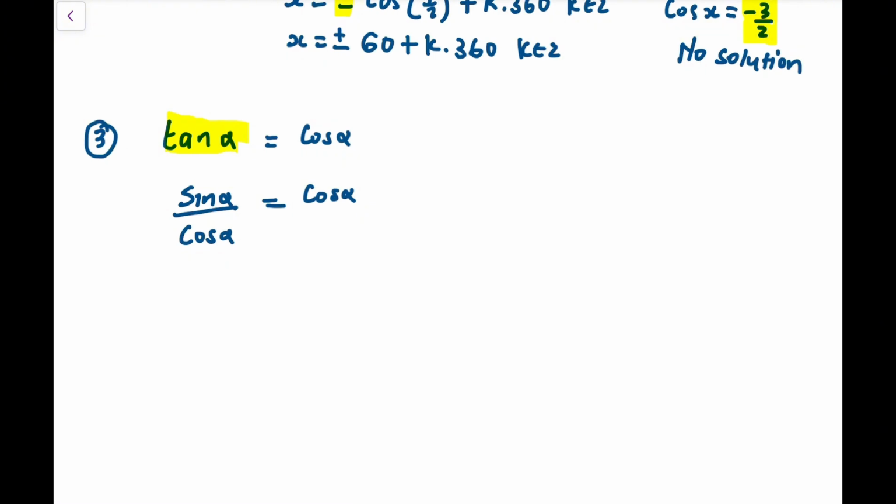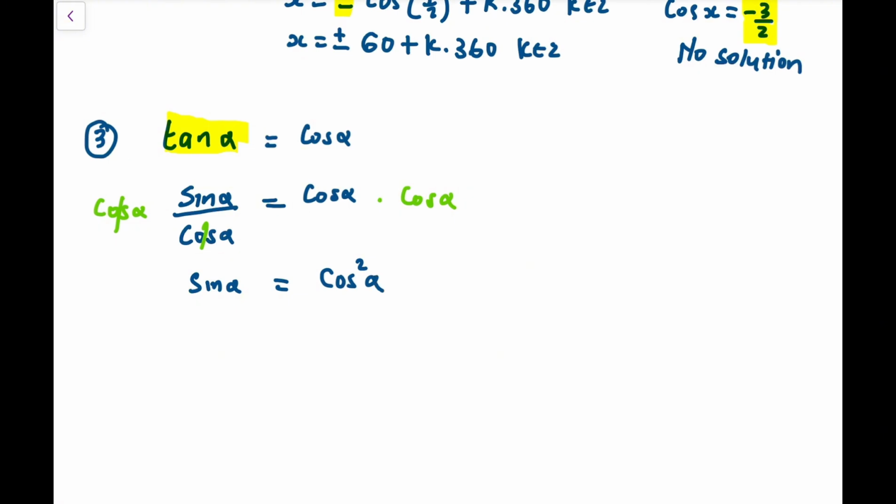If we multiply by cos alpha, even this side, this and that will cancel out. And then we are going to remain with sine alpha is equal to cos squared alpha.